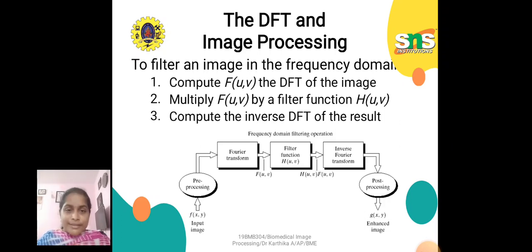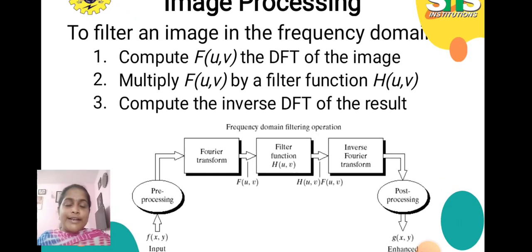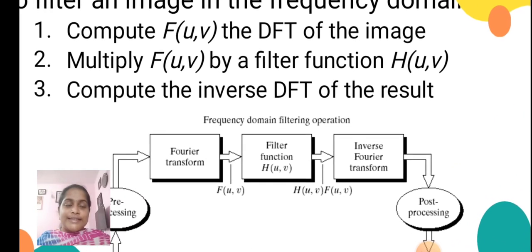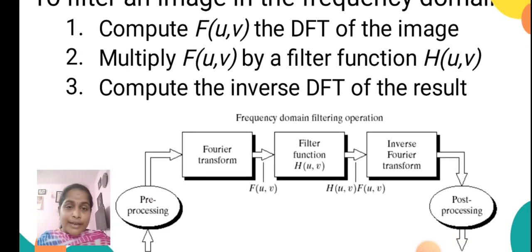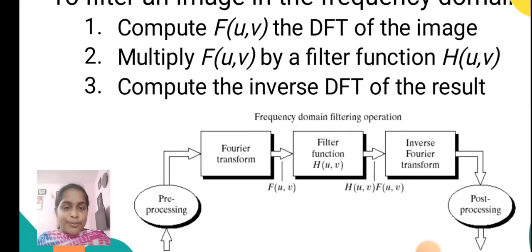So, first step, we have to compute F of u,v, the DFT of the image. Second, multiply F of u,v by a filter function H of u,v. See the block. And finally, compute the inverse DFT of the result. Before that, we have to do pre-processing in the input side and post-processing in the output side.